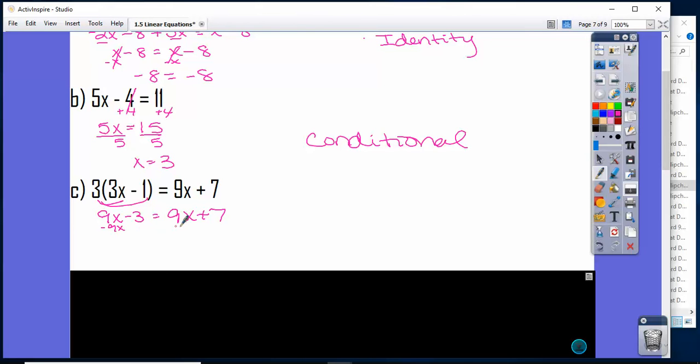Subtract our 9x, and negative 3 equals 7. So what's that? No solution, and we classify it as a contradiction. Any questions there?